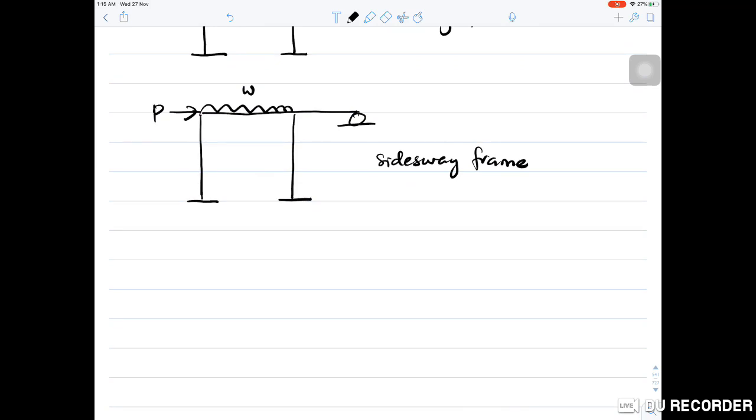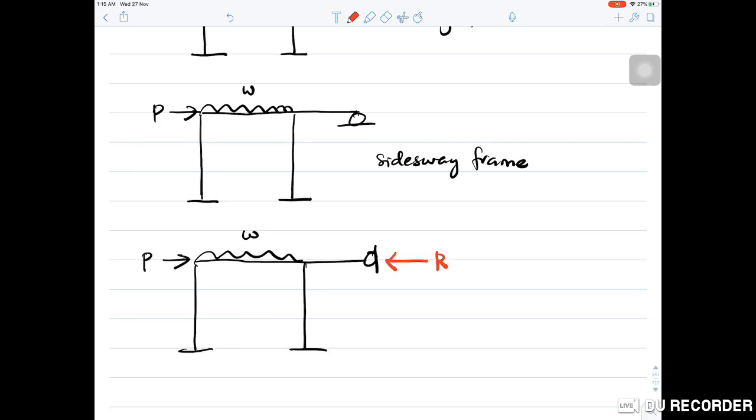But what happens if I change the position of the roller like this? Due to the position of the roller like this, there is a restraining force which comes with the support.